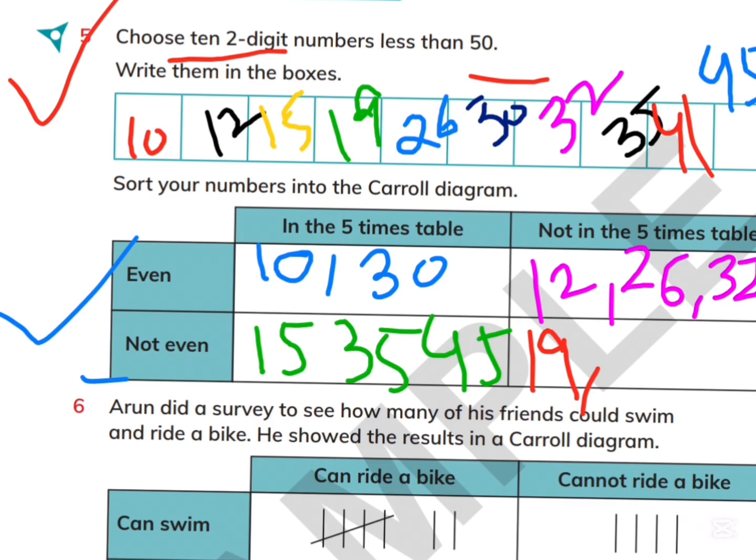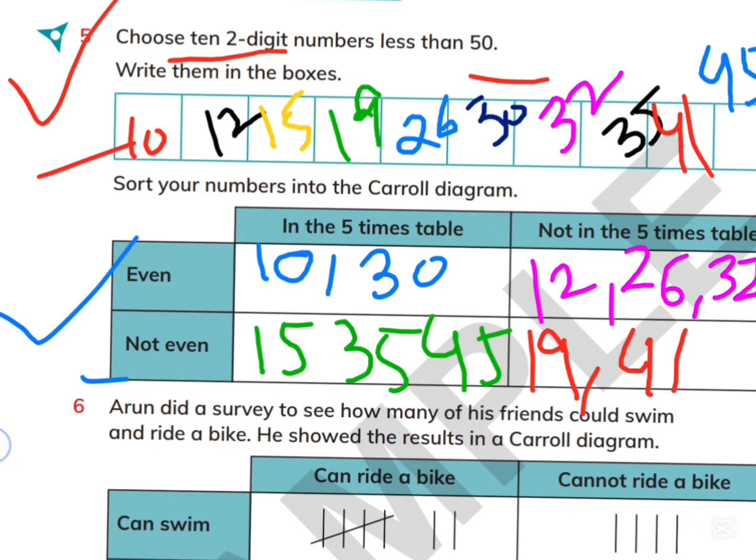And 32 is even but not in the 5 times table. 41 is not even and not in the 5 times table. Alright, so in this way we will write these numbers, whatever we want to write here, and according to this we will make the Carroll diagram like this.